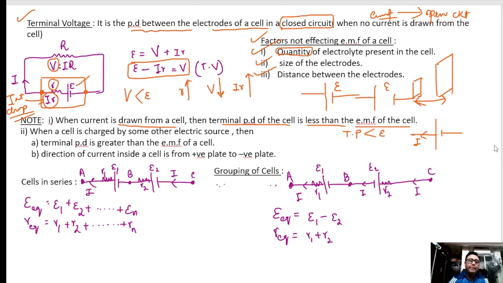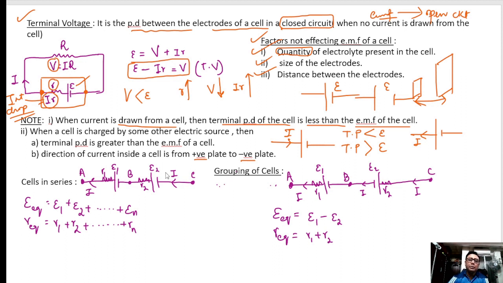When a cell is charged by some other source, that means you are sending the current into the battery, that is called charging. And when you are charging, remember, the terminal potential will be greater than the EMF. Direction of current inside a cell is from positive plate to negative plate. This we have already done.